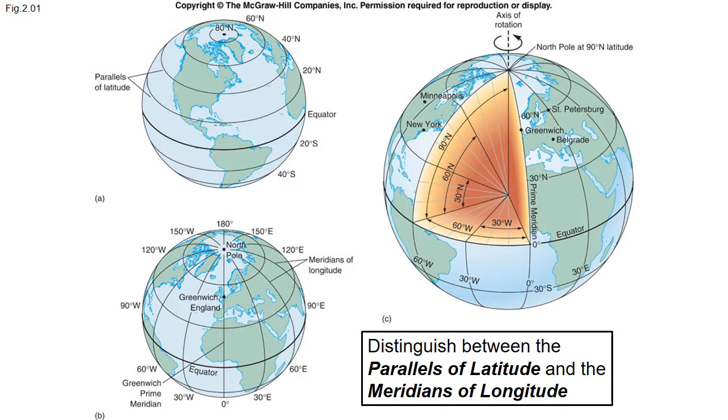Now, one way to visualize the system of latitude and longitude that gives the absolute location of anything on Earth in angular degrees north and south of the equator is, imagine if you had a protractor that you could put inside the Earth.